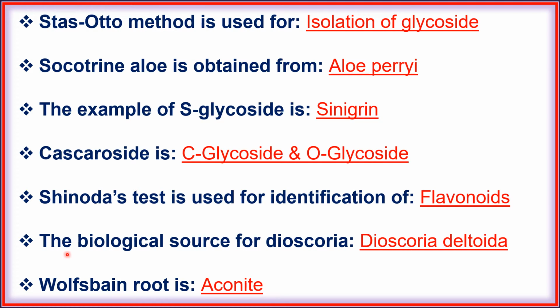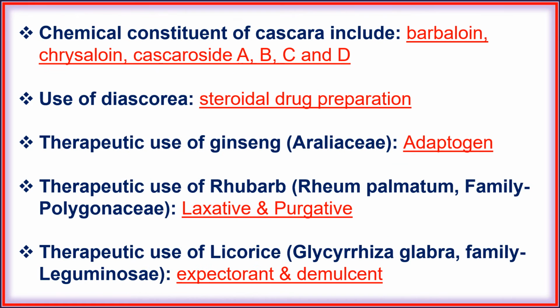Next, the biological source for Dioscorea is Dioscorea deltoidea. Next, wolfsbane root is aconite. Next, chemical constituents of cascara include barbaloin, chrysaloin, cascaroside A, B, C and D.